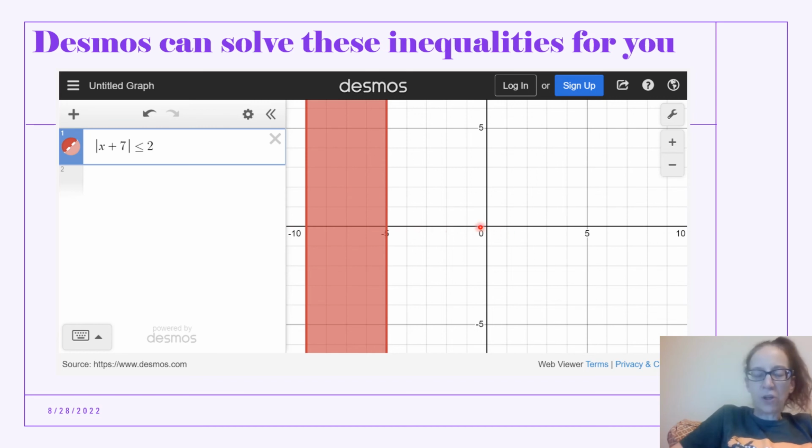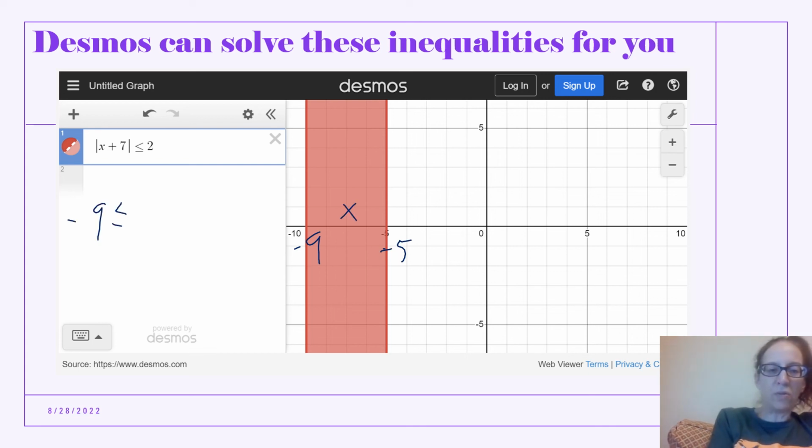And if you look closely at the x-axis, we have -1, -2, -3, -4, -5, -6, -7, -8, -9. And everything that is shaded in between are the things that work. So if you were to write this out, you'd have -9 and -5, and x could be everything in between.